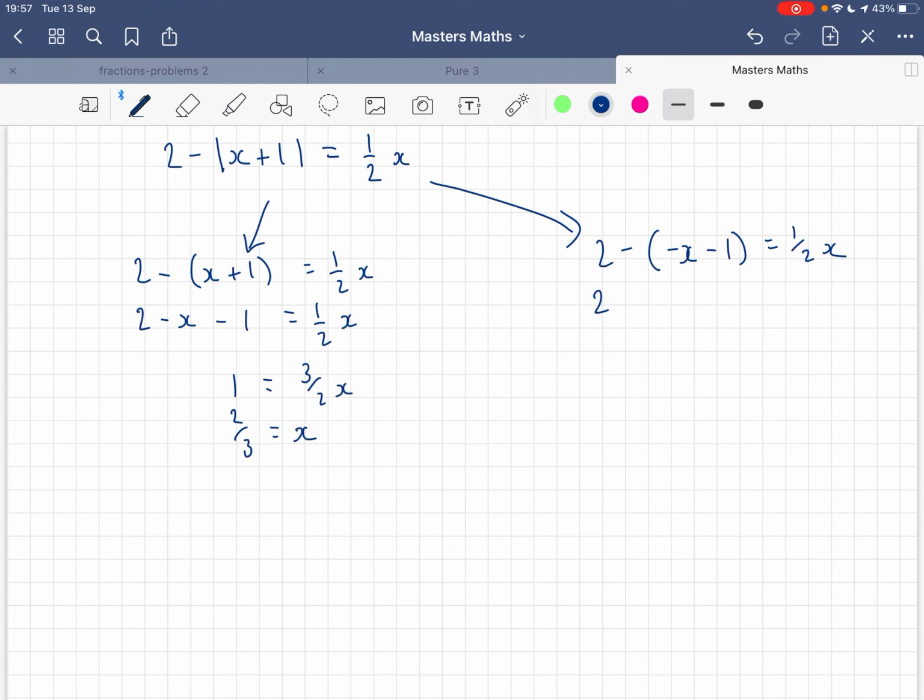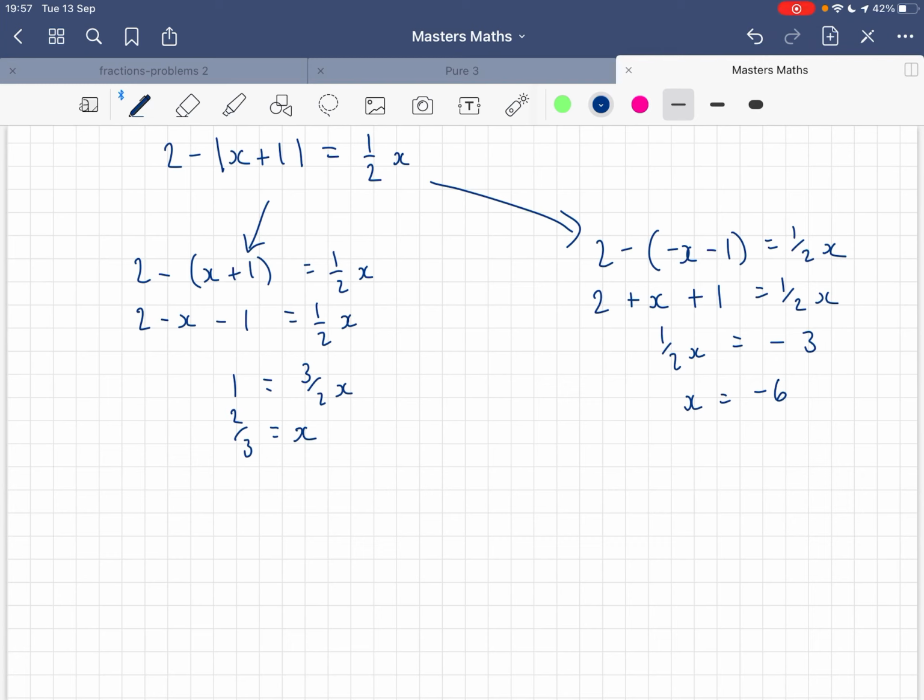And then 2 plus x plus 1 is equal to a half x. I'm going to subtract the half x, so I get a half x is equal to negative 3. So x is equal to negative 6.